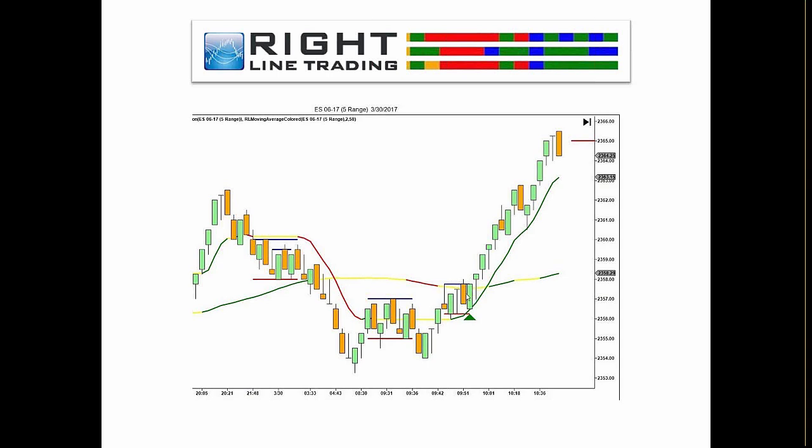But the definition that we set in the algorithm of the counter trend signal is it has to catch at least 2 counter trend candles or it won't fire. So when it does fire, you're going to run over a lot of traders. And when you run those traders over, they're going to help push this trade to the upside.